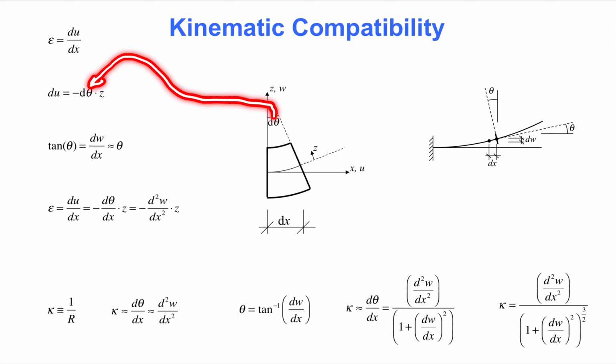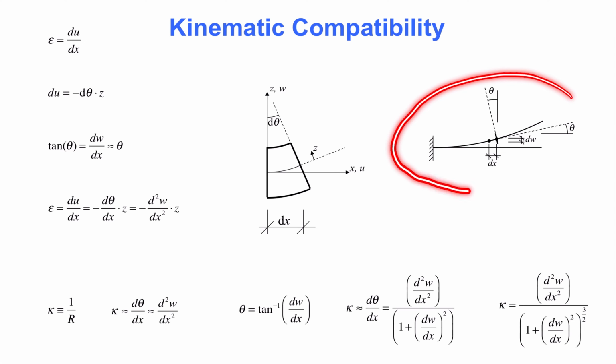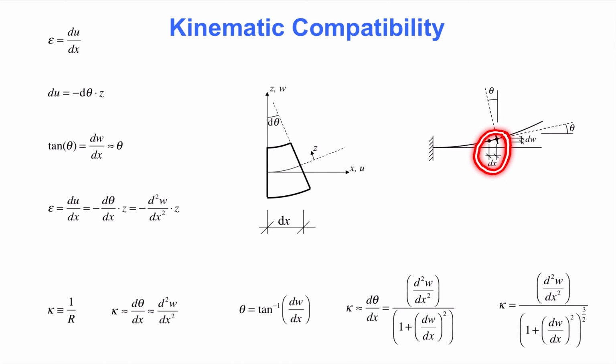A geometrical consideration of this figure reveals that the shortening and lengthening, namely the axial displacement, u, of each infinitesimally short fiber is d theta times z. The minus sign appears because the u displacement is negative where z is positive. Next, the rotation, theta, is related to the transversal displacement, w. For this purpose, consider 2 points on a beam that is a distance dx apart, as shown in the figure on the right-hand side.